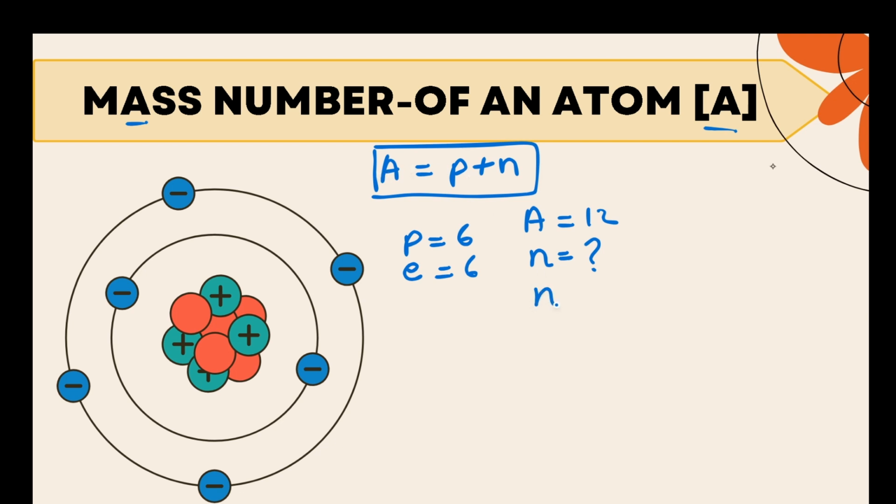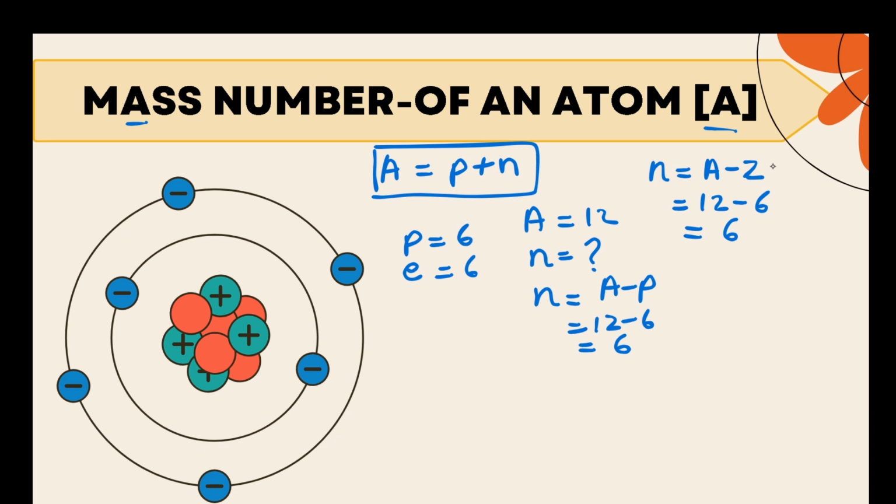So number of neutrons you can calculate like this: A minus P, that is mass number minus the protons. So the number of neutrons will be 6. And the other way of calculating the number of neutrons is the formula of mass number minus the atomic number. Mass number is 12 of carbon and atomic number is 6, so the number of neutrons is 6.